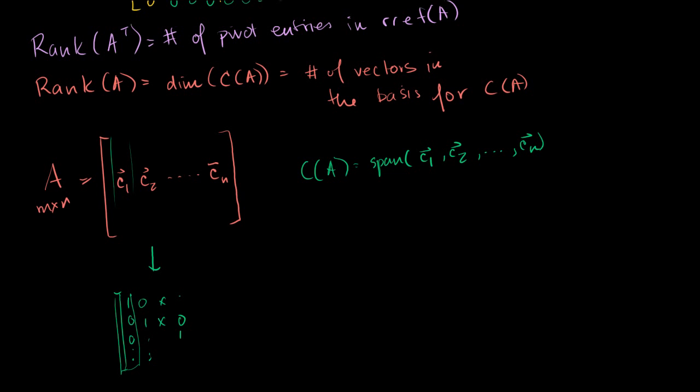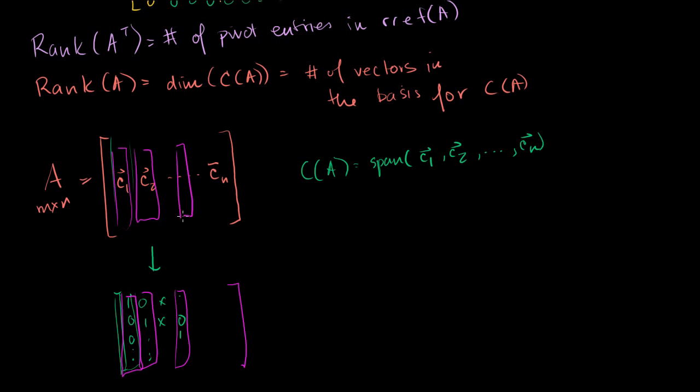When you put A into reduced row echelon form, we learned that the columns that form a basis for your column space are the columns that correspond to the pivot columns. So the first column here is a pivot column, so this could be a basis vector. The second column is, so this could be a basis vector. And maybe the fourth one right here, so this could be a basis vector.